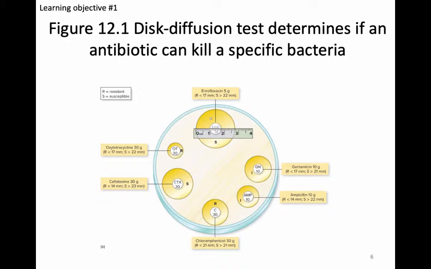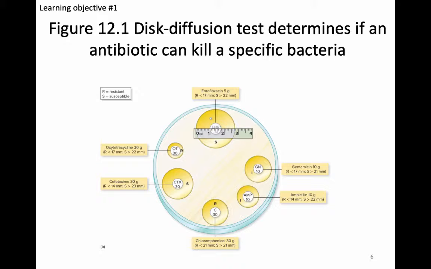So in each of these antimicrobials, we see, in addition to the name and the concentration, so we can look at gentamicin, 10 micrograms. If the zone of clearing is smaller than 17 millimeters in diameter, then we would say that the microbe is resistant to gentamicin.